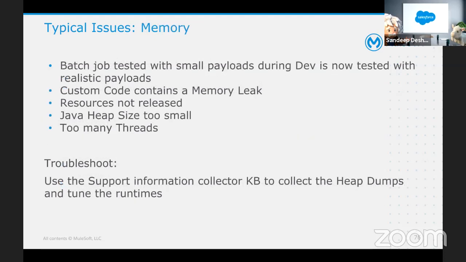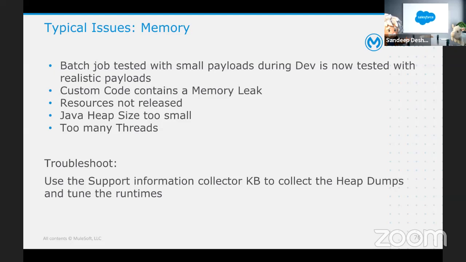Now memory. If you have bad jobs that you did not test with a realistic payload, you'll see a lot of memory being occupied. Recently I talked to a customer who had a Java heap memory problem, where one of their APIs was consuming up to 90% of heap.